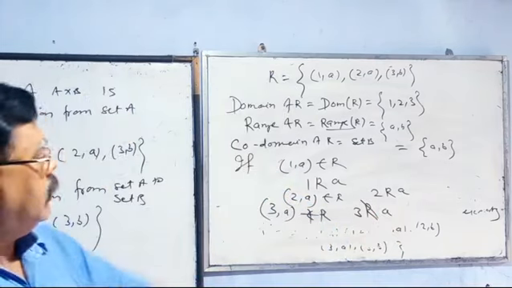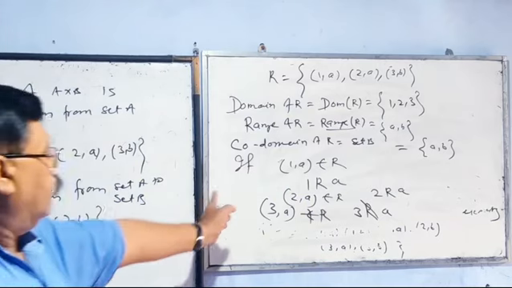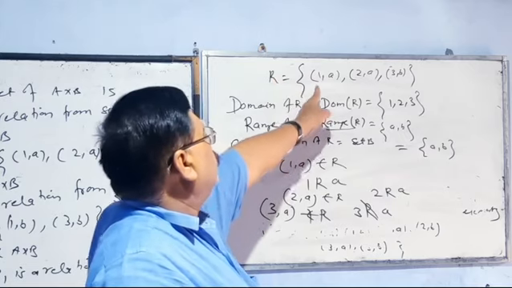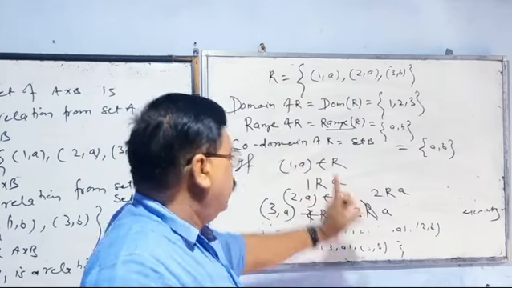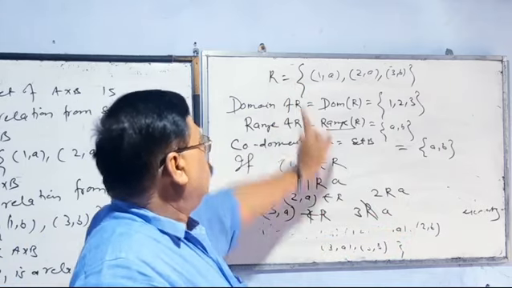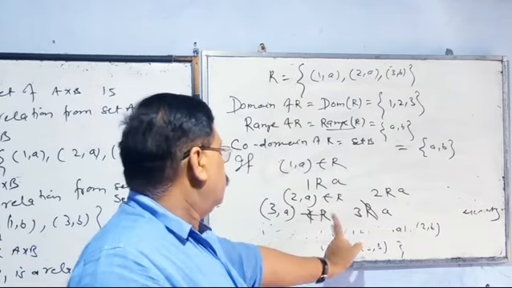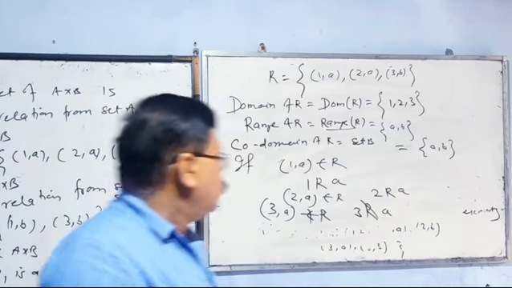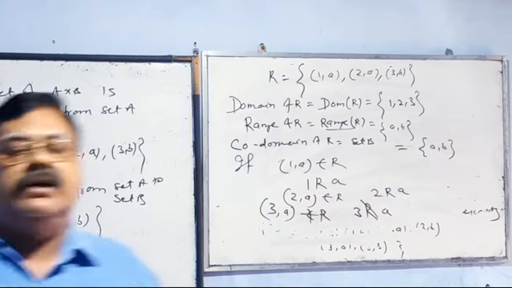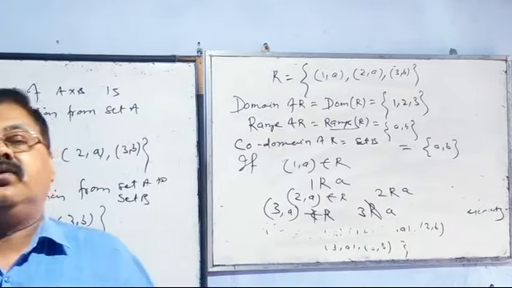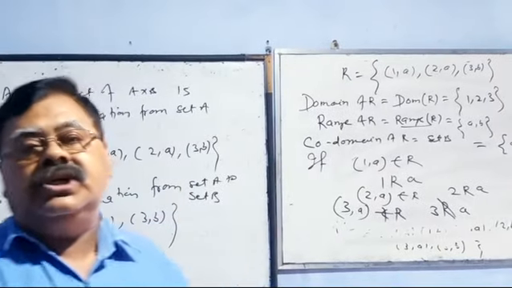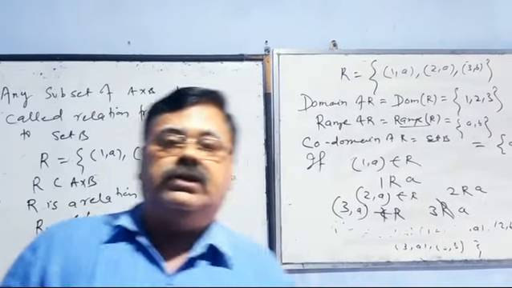So these are the symbols of which one is related to which. If this ordered pair is an element of R, then 1 is related to a and 2 is related to a; (3,a) is not there, so 3 is not related to a. So these are the concepts regarding the domain, range and codomain of a relation.